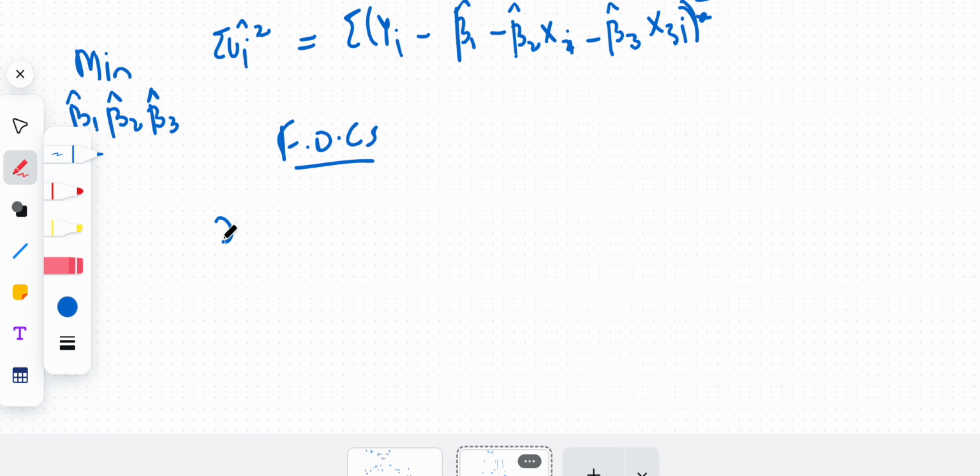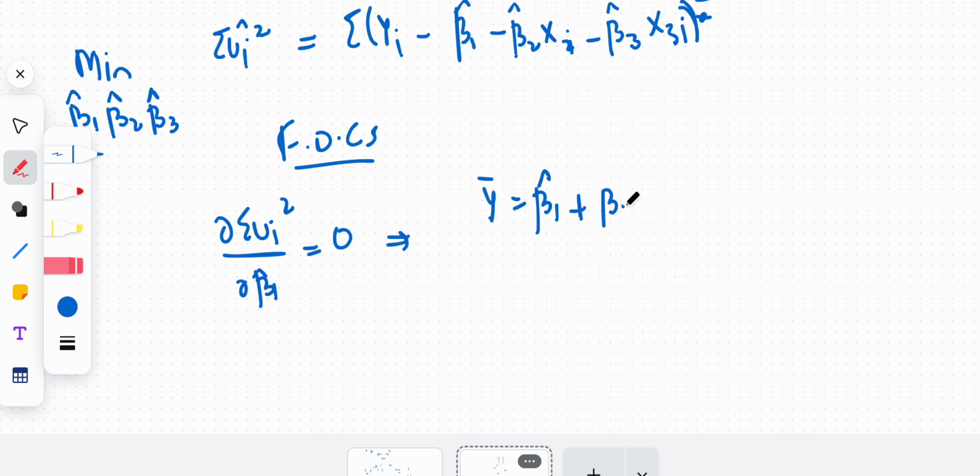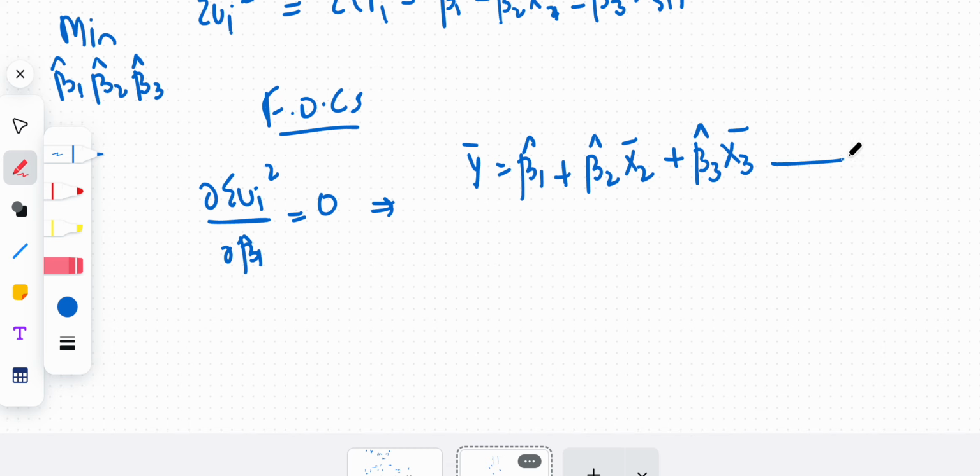First order condition would be, firstly, this would mean, for the second one it would mean, this would be my first normal equation.